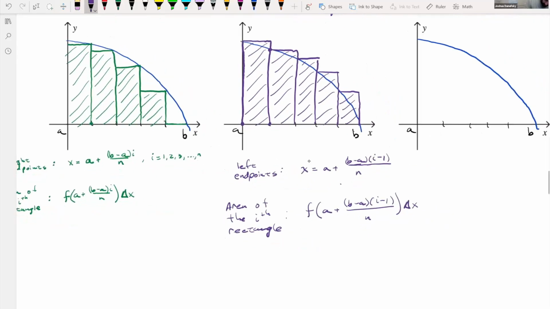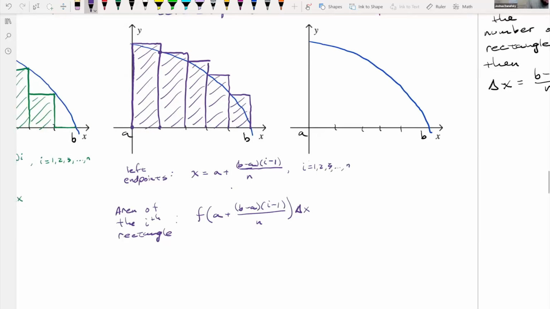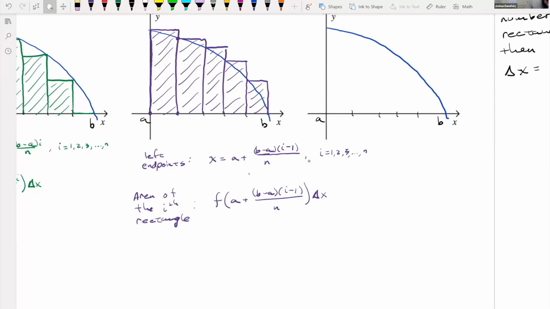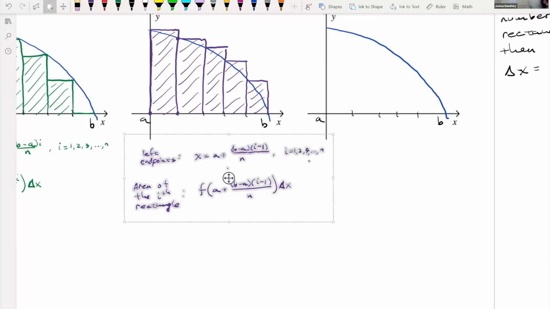And just as we had in green, i is going 1, 2, 3, and then it's counting all the way up to n. And so there we have the story with left endpoints.